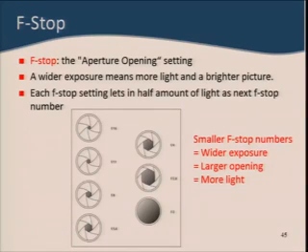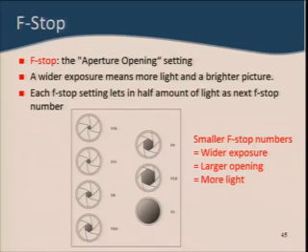Okay, so technically, in a digital camera, when we want to describe the size of this aperture, we use the term f-stop, the f-stop number. The f-stop number is a way to describe how big the opening of this aperture is. It is a measure of the size of the aperture opening.